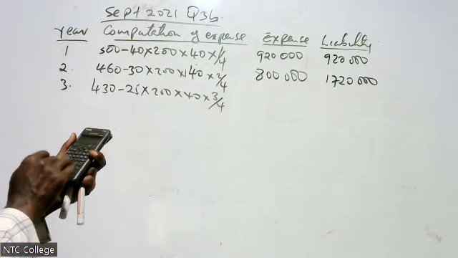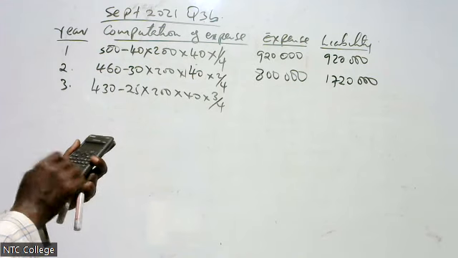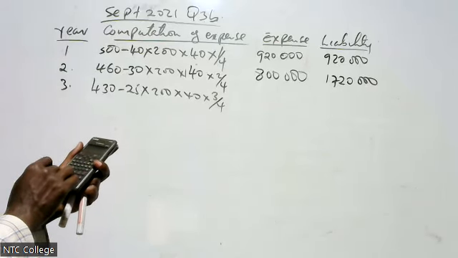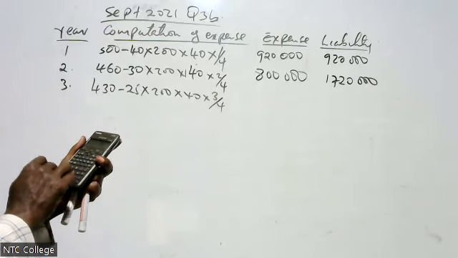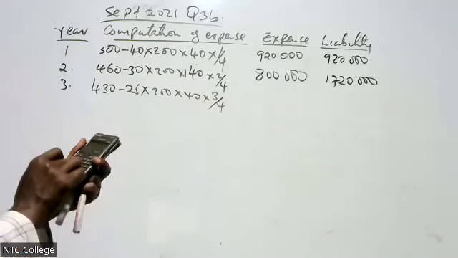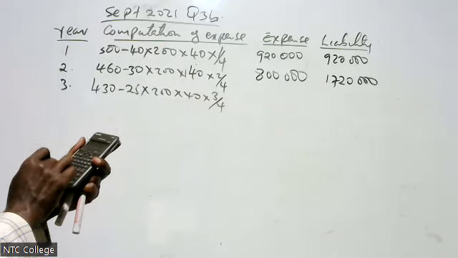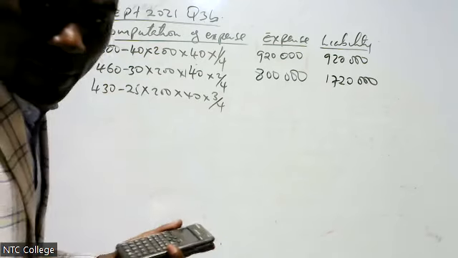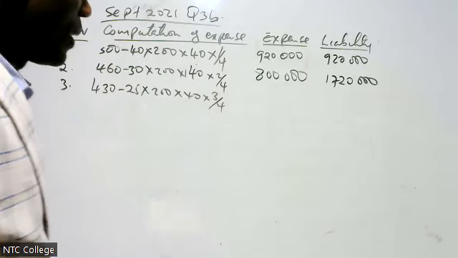That is 430 minus 25, I get 405, times 200, times 40, times 3, divided by 4. Thank you very much. 2430.